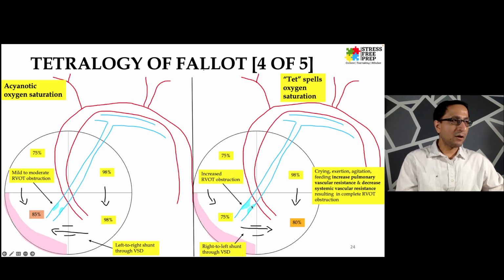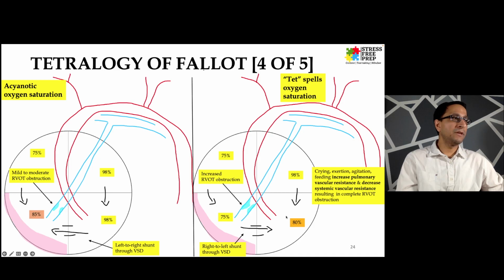So what happens now is the same amount of saturation that is in the right atrium comes into the right ventricle. But because the blood can't go forward because of that severe obstruction, the pressure builds up in the right ventricle, and now it pushes past that VSD, and all that blood now goes towards the left ventricle.